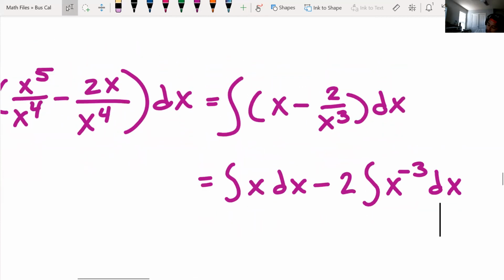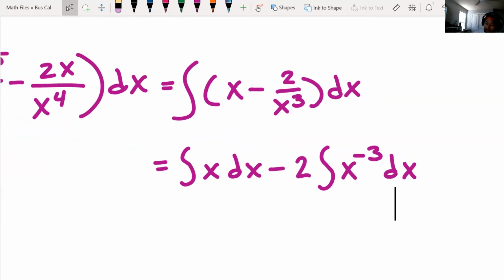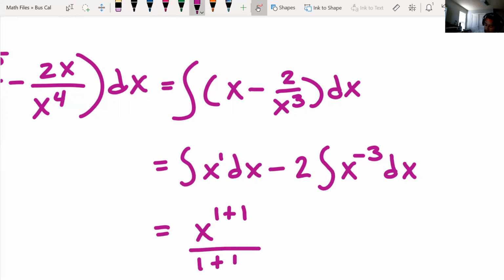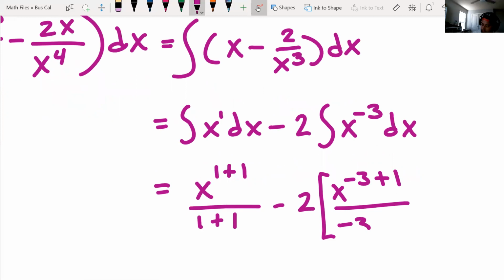And all we have left to do is power rule on both of these. First one, x to the 1 plus 1 over 1 plus 1, minus 2 times the second one, x to the -3 plus 1 over -3 plus 1.